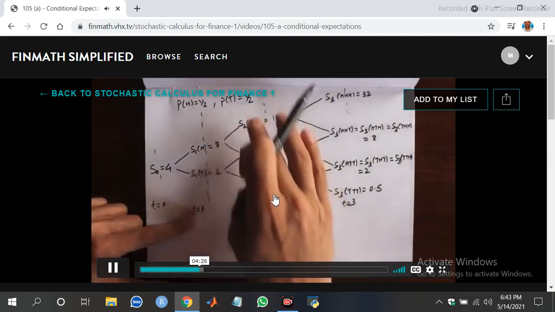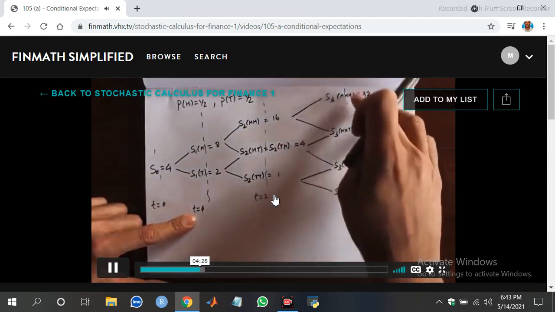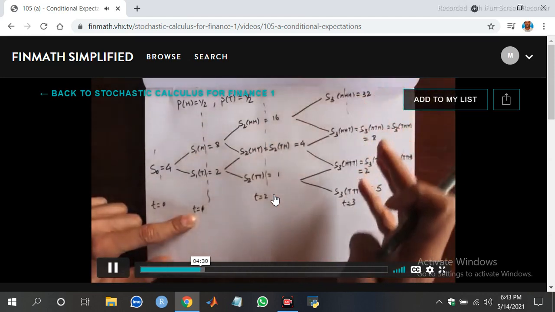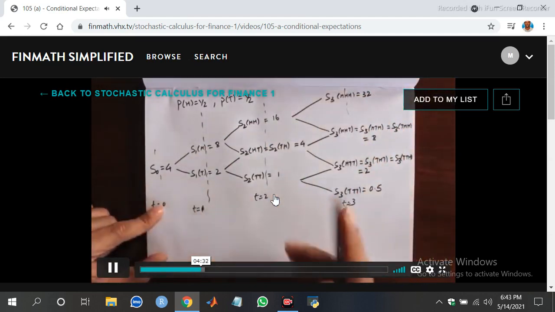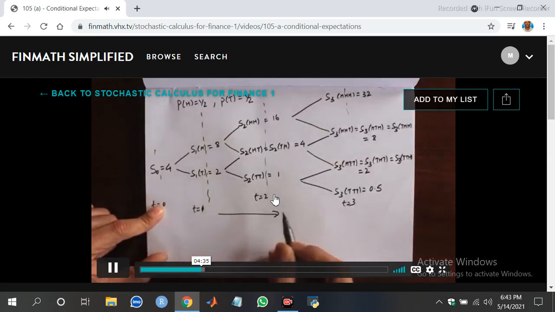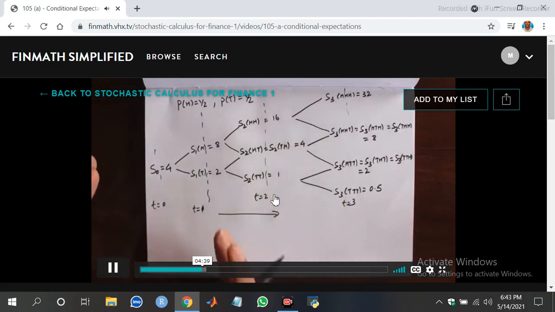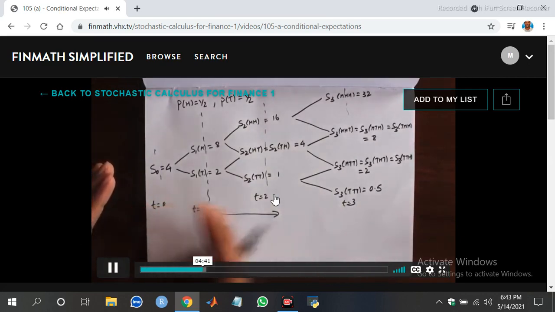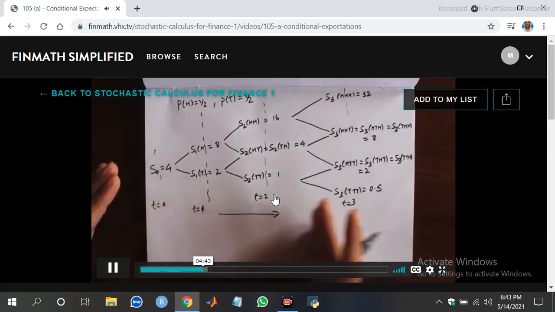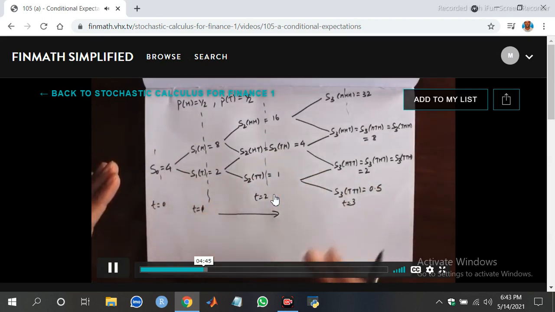At time 2, we know the 2 coin toss outcomes. And at time 3, we know the outcome of 3 coin tosses. So as we move forward, we get more information. Okay? So think of time moving forward as us getting more information in our experiment here. Okay? And the information that we're looking at is basically what were the outcomes of our coin tosses.